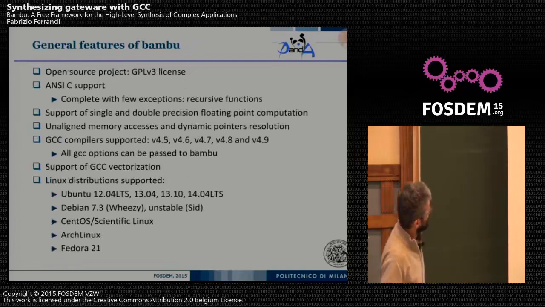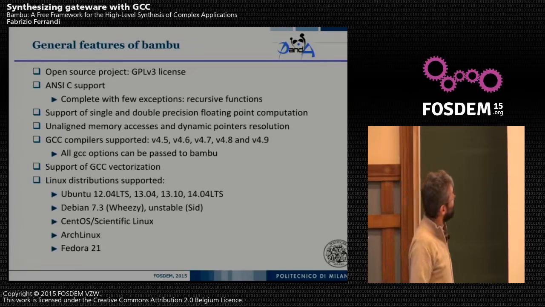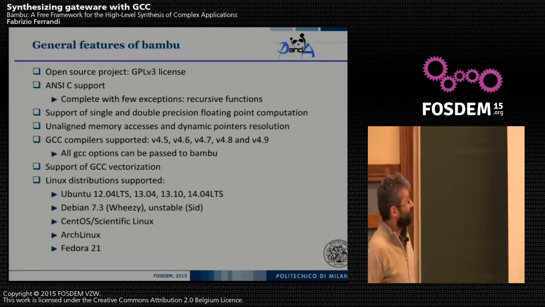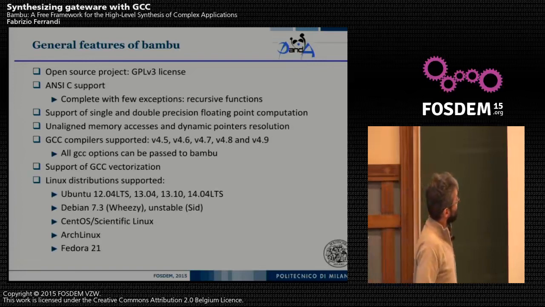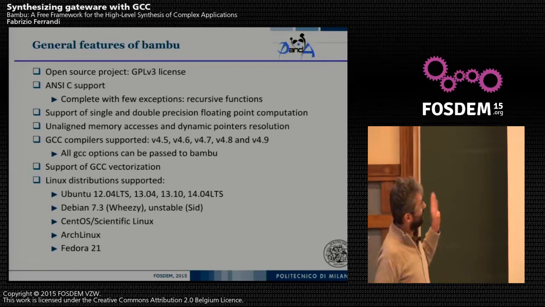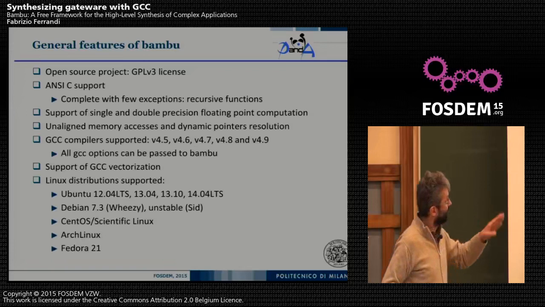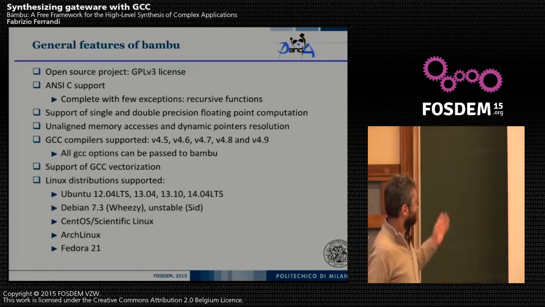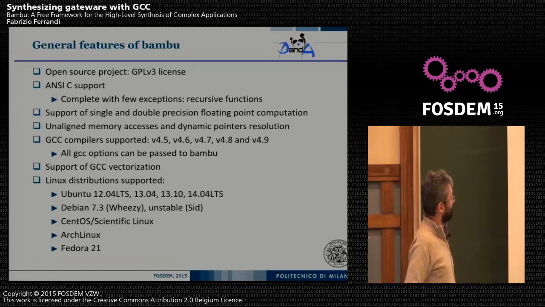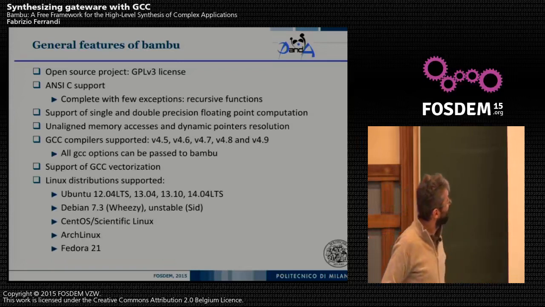This is the list of features. ANSI support is more or less complete. Obviously, recursive functions are not so easy to support. We support more or less GCC from 4.5 to 4.9. There are a lot of distributions we support, from Ubuntu to Fedora.